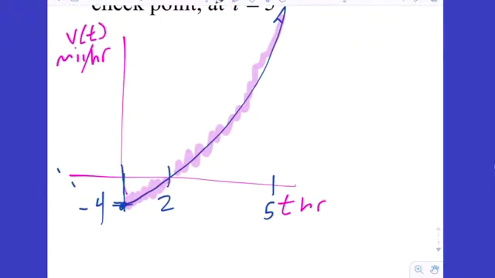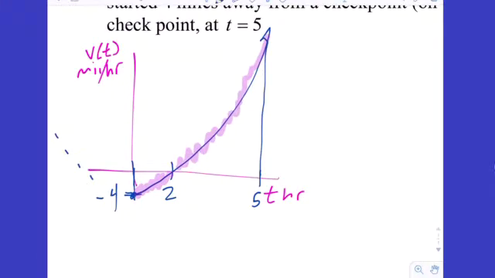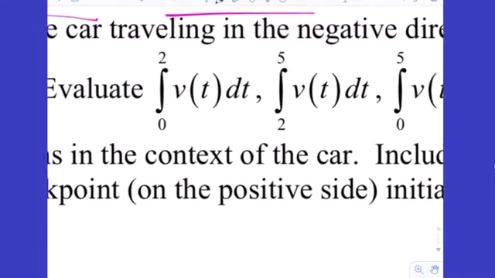So for the first 2 hours, it's moving to the left, and in the last 3 hours, it's moving to the right. And if I drew it to scale, it looks like it travels right a little bit further than it travels to the left, okay? Because the areas of these regions, as we just learned in the first example, give us the total distances it travels in those directions, yes?